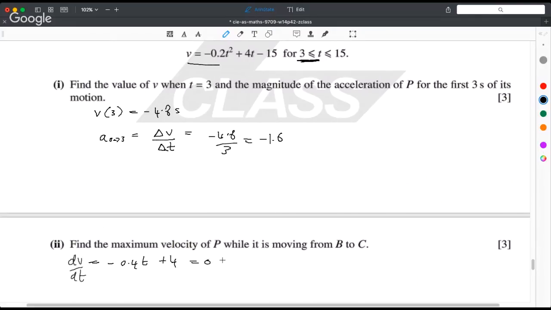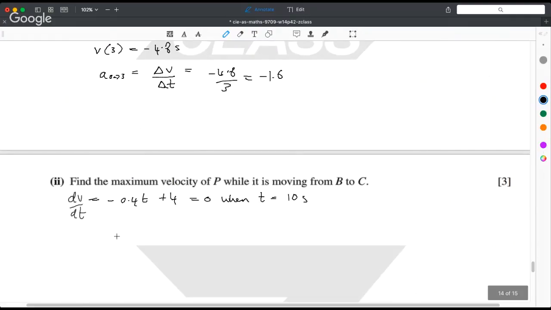And this is equal to 0 when t is equal to 10 seconds. So the derivative is equal to 0 at the maximum or minimum, at the turning points. And you can see just by looking that this is equal to 0 when t is 10 seconds. So what is the velocity at 10 seconds? Well, you just plug it into the original equation and you get 5 meters a second.